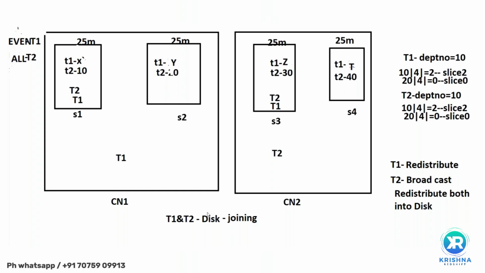So customer table will be redistributed again based on the joining column. These are the problems if you have different distribution keys for different tables other than the joining column. That's why always try to keep the joining column as the distribution style.